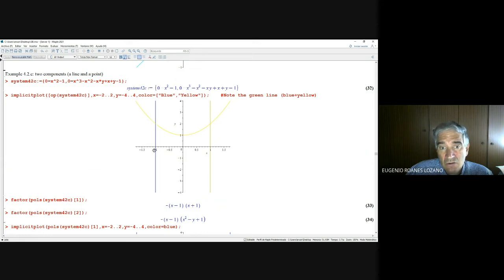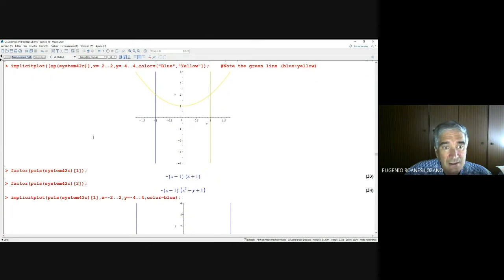It consists of 2 vertical lines, and the other consists of a parabola and a vertical line. That's why this vertical line appears more or less in green, because it is at the same time yellow and blue. We can see here that the polynomials factorize, and they have a common factor. This is the vertical line x equal to 1.